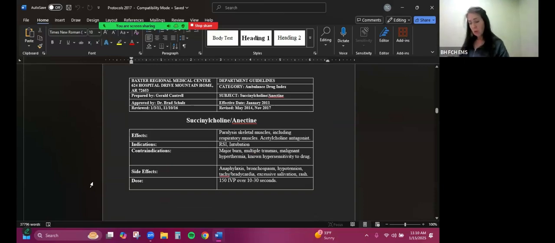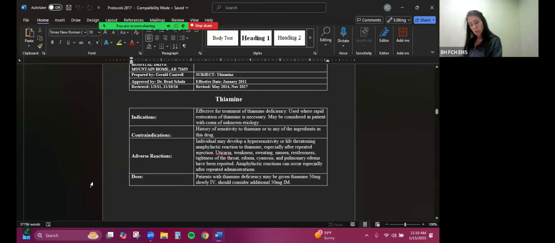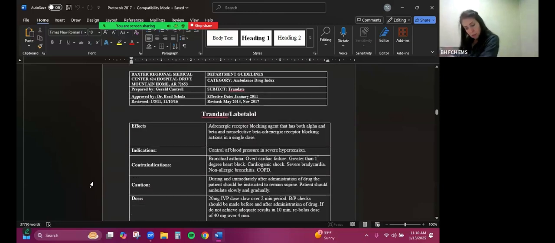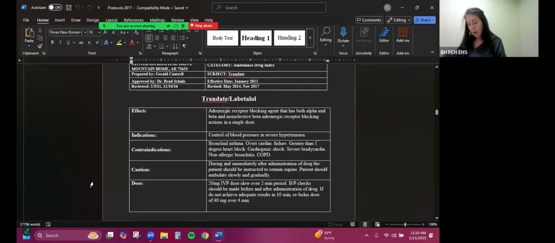Thiamine is one we're familiar with. Labetalol. Let's see if there's anything different about that. Labetalol is for control of blood pressure in severe hypertension. I'm not seeing that you have to contact medical control before you give this. We do now.